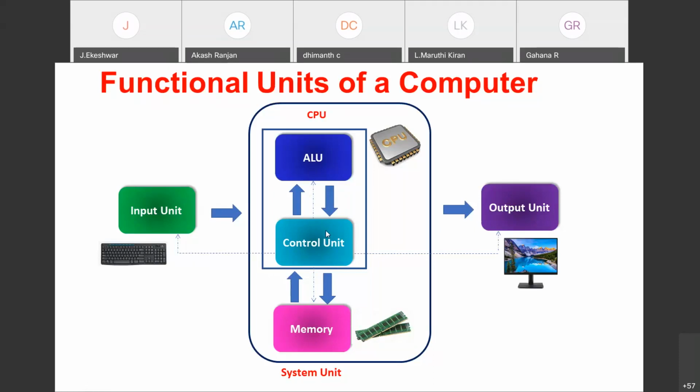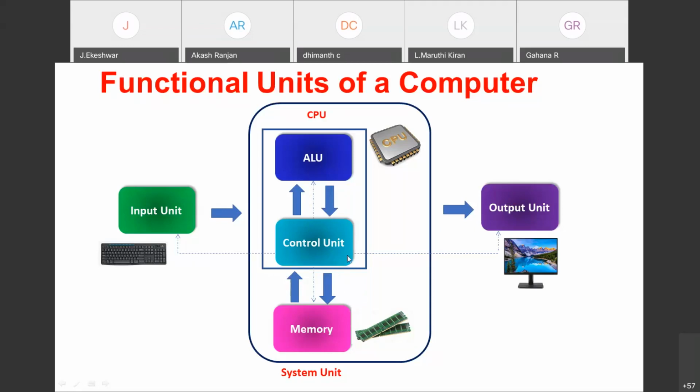It will be stored in a high-speed storage element which is called a register. Each processor you take will have some set of registers. Whatever data or instruction you fetch from the memory will be stored in the register.